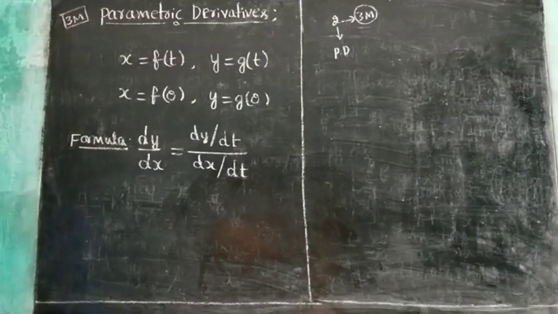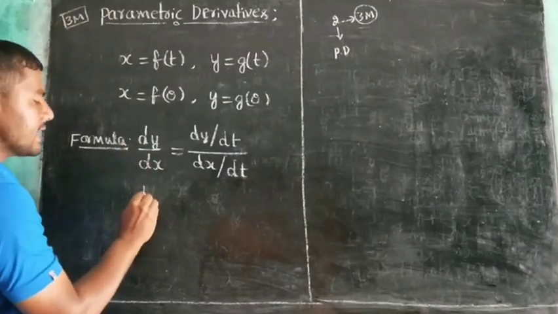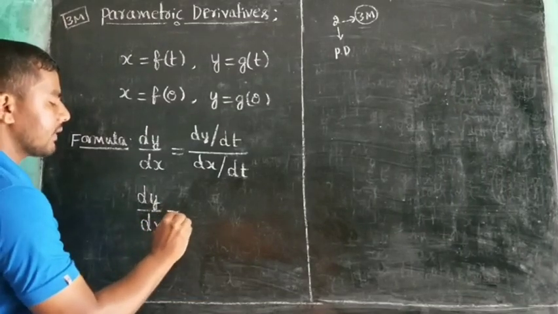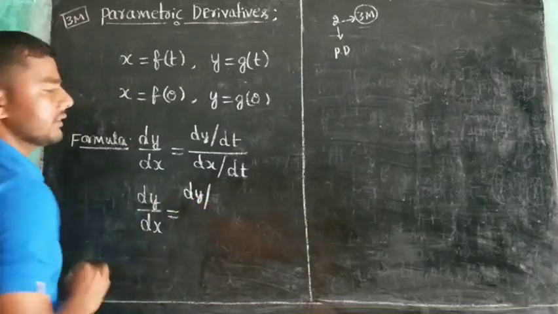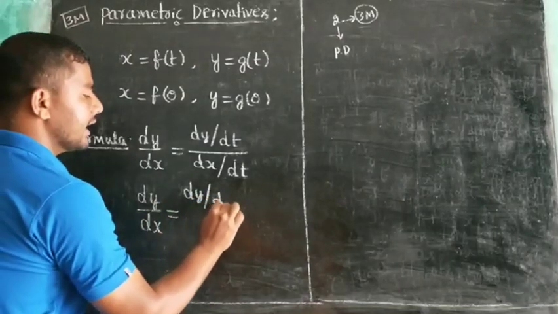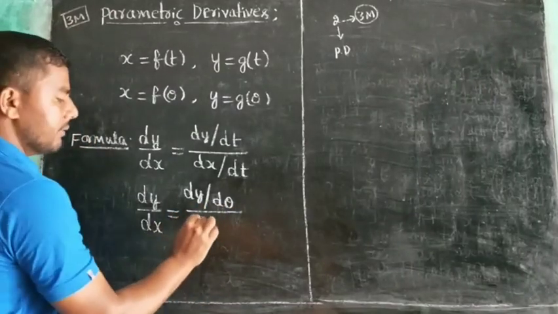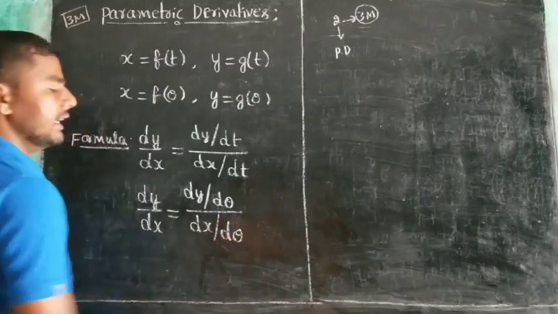Suppose the parameter is theta, then the formula is dy divided by dx is equal to dy divided by d theta, whole divided by dx divided by d theta.